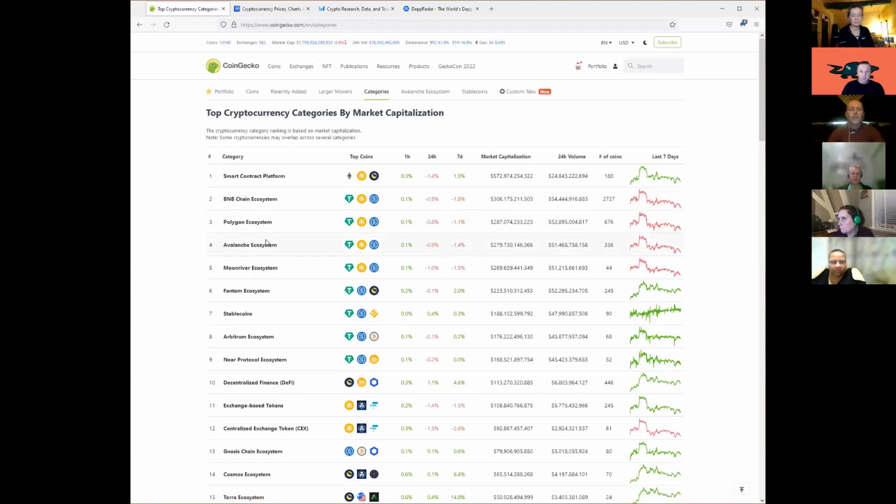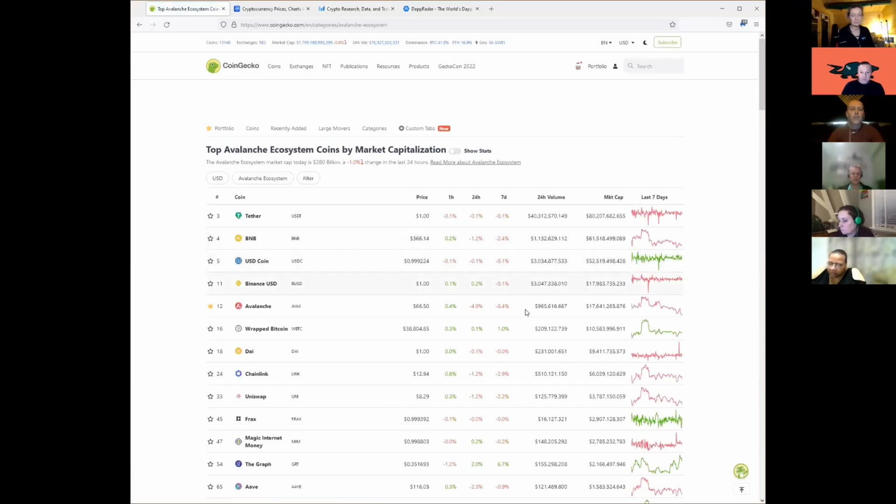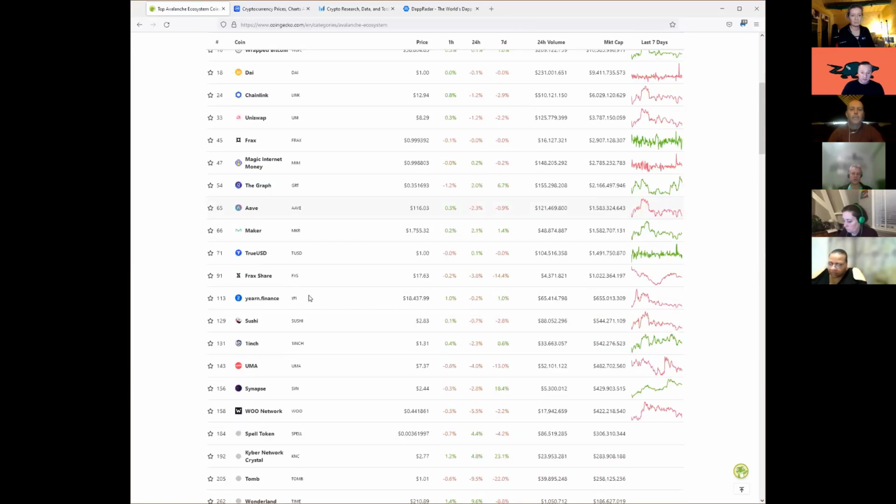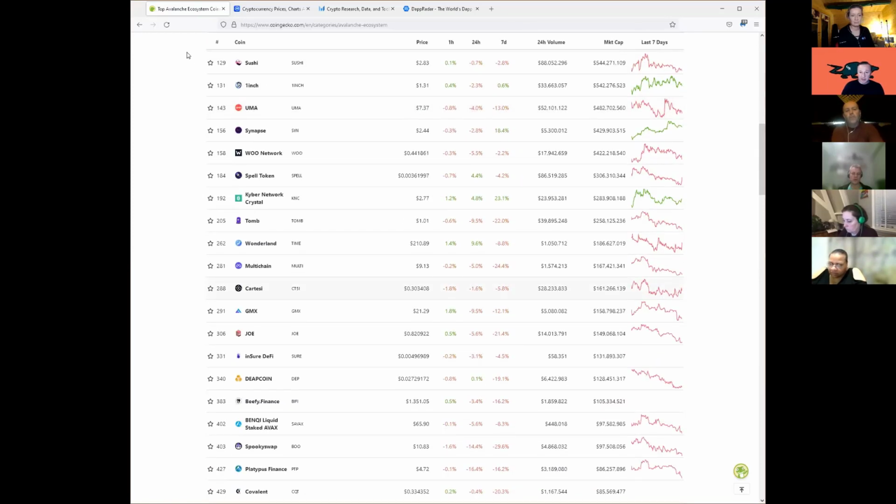So quite relevant with what this week's topic is. So if we look at the Avalanche one, for example, that will give you the Avalanche ecosystem coins by market cap. Now, some of these will be bridged ones that are on Avalanche, but you've got all of the different tokens that have been bridged across and how they work.